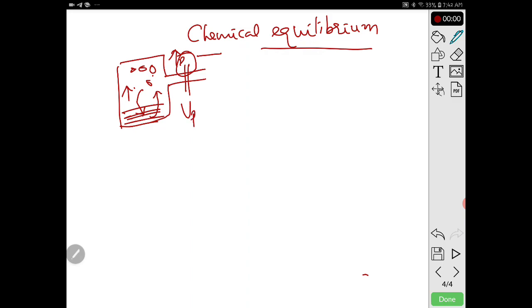The same happens with chemical reactions also. Almost all reactions are reversible. That means reactants react to give products, and the products react to give back the reactants.